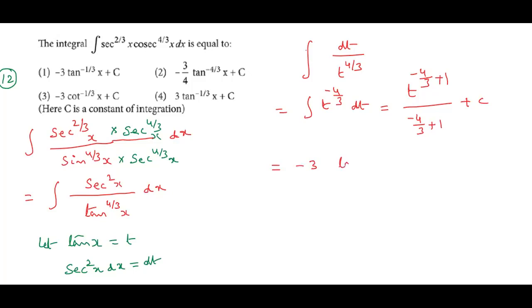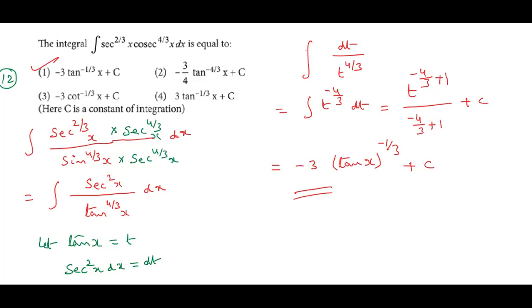T means tan x, whole power minus 1 by 3, plus c. This is the answer. See the options. First option is correct.